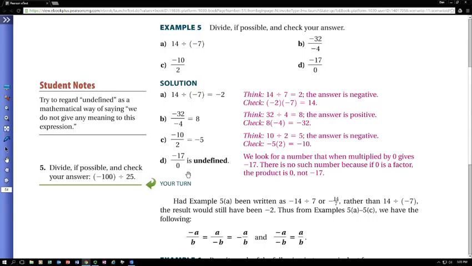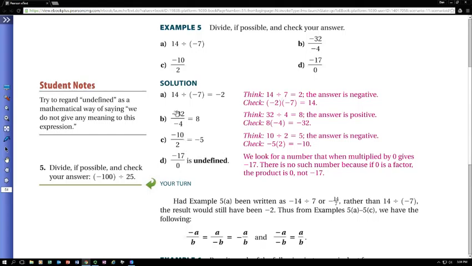So what they do is they say division by 0 is undefined. It makes no sense as far as what we're trying to do with that operation. We look at the number that, when we multiply 0 by it, gives negative 17. It doesn't work with this opposite thing. You need to think about what's going on here with division. Anytime you have a divisor or a denominator of a fraction, this is really a division.